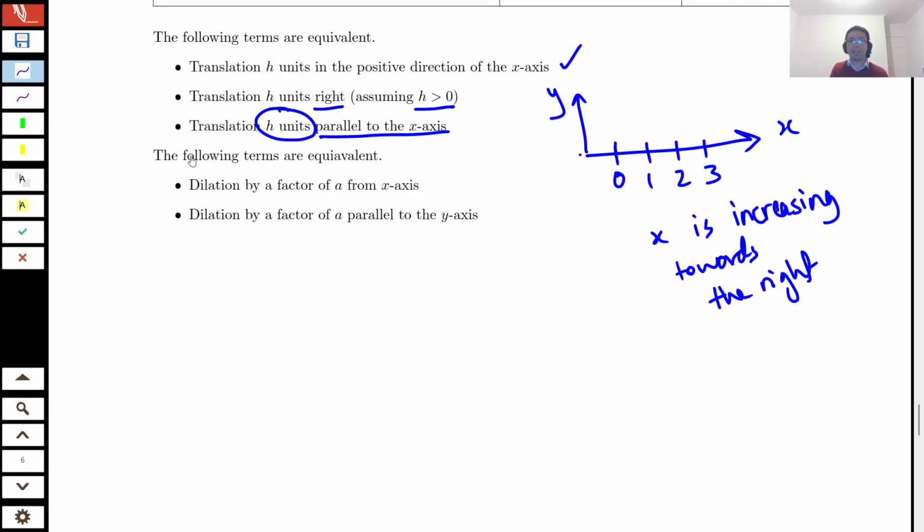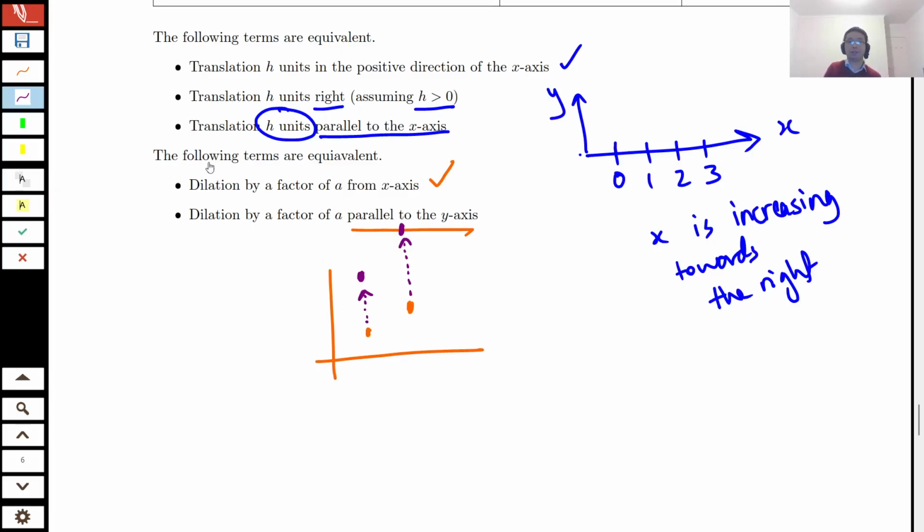Now, same thing for dilations. I can dilate by a factor of a from the x-axis, but notice this wording here. I can also dilate parallel to the y-axis. And what this is saying is, my dilation is causing my y values to increase.